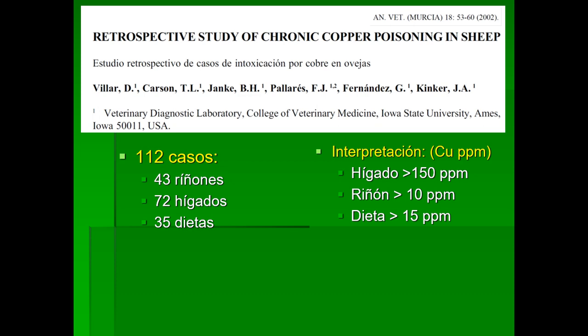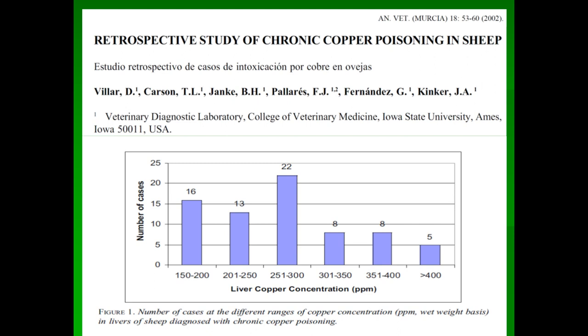And the laboratory interprets copper concentrations as toxic when the levels are more than 150 parts per million in liver, more than 10 parts per million in kidney, and more than 15 parts per million in the diet. This graph shows the number of cases at the different ranges of copper concentrations in the liver. As you can see, at more than 150 parts per million, the concentrations are already considered toxic in sheep.